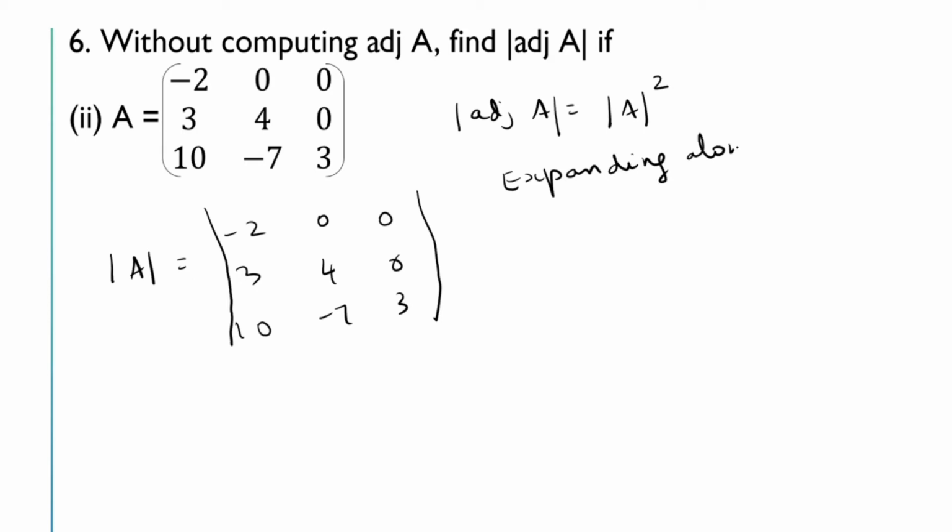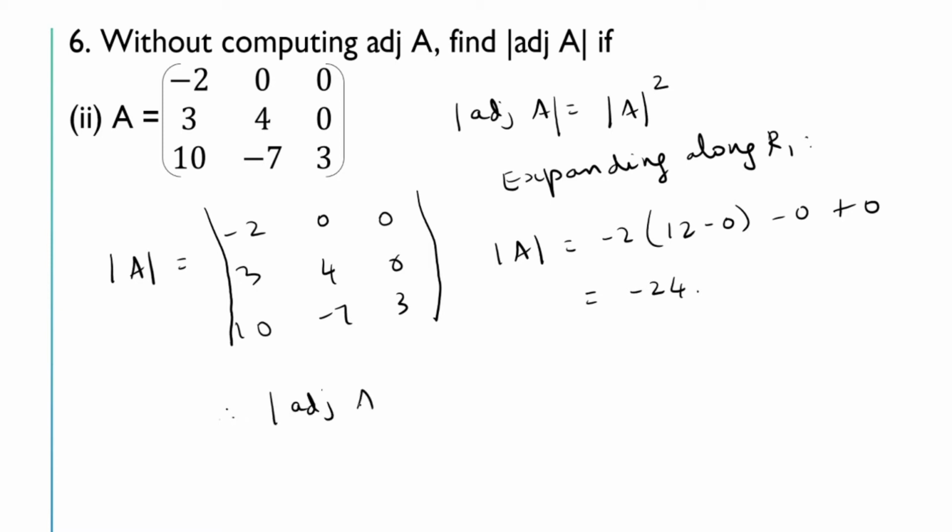Expanding along R1, we get determinant of A is equal to minus 2 into 4 into 3, 12, minus 0 plus 0. So it is equal to minus 24. Therefore, determinant of adjoint of A is determinant of A the whole square, so it is minus 24 the whole square, which is 576.